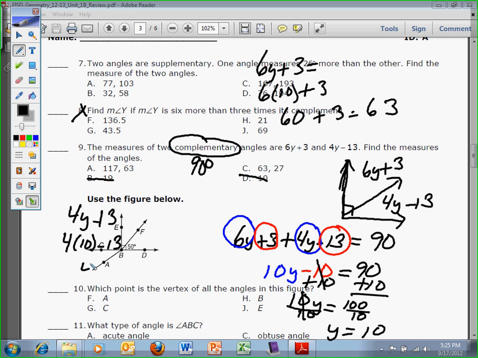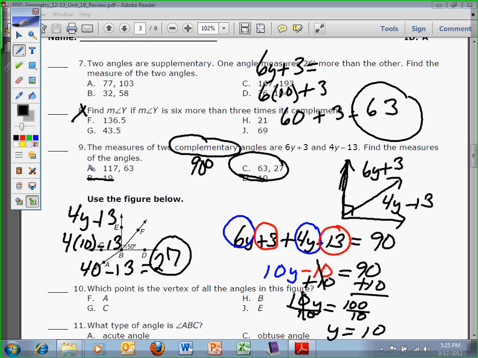So 4 times 10 is 40. 40 minus 13 is going to give me 27. So my answer has to be C, because one angle measure was 27, the other was 63, not 117.